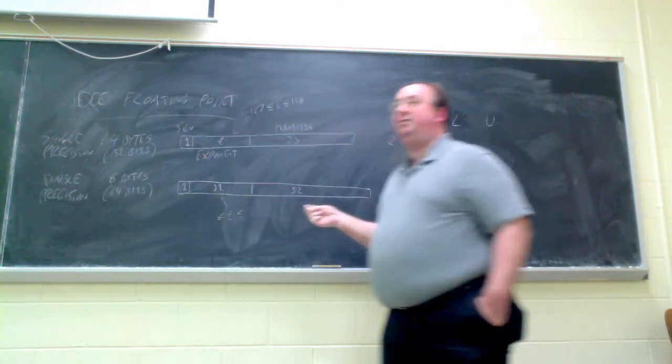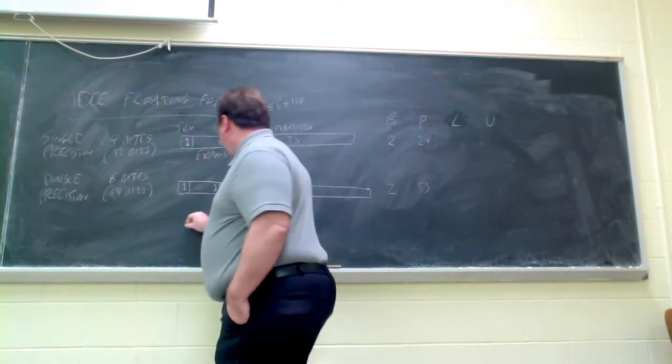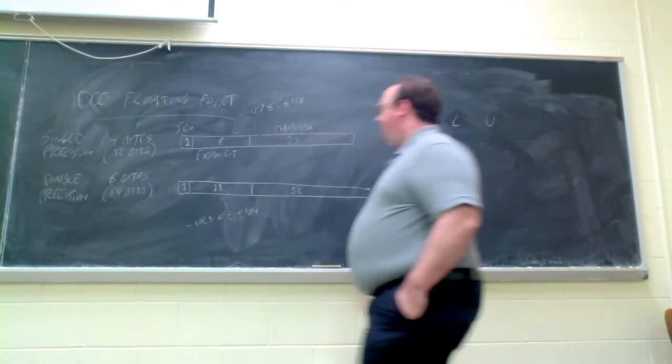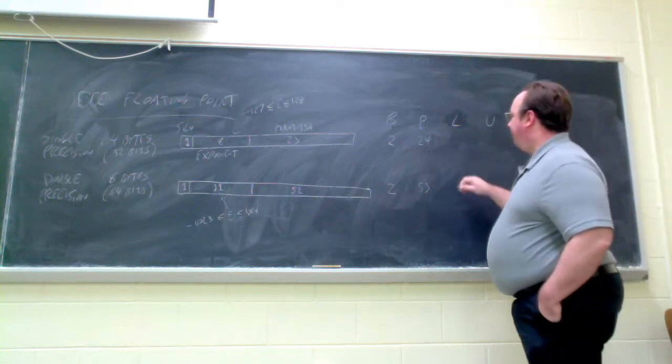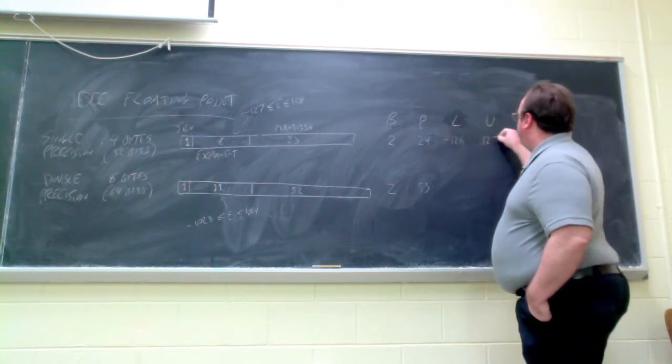So 2 to the 11th is 2048. So you can represent values from minus 1023 up to 1024. But it turns out you can't actually use all of those values. So almost all of them. So for single precision, we can actually go from minus 126 up to 127.